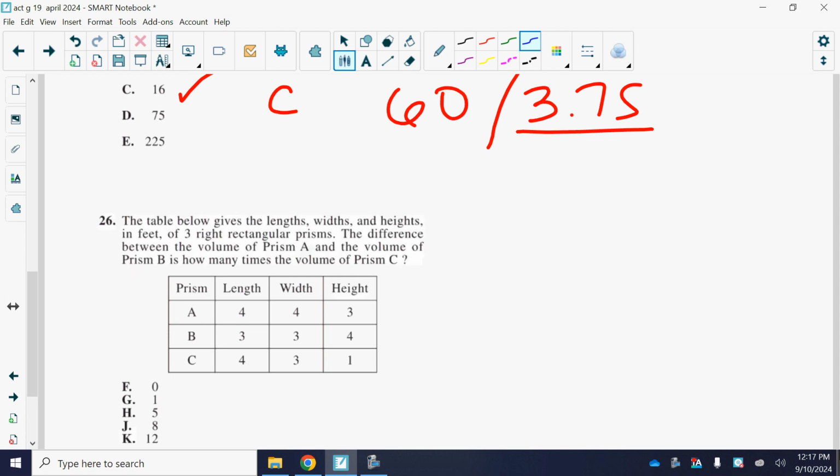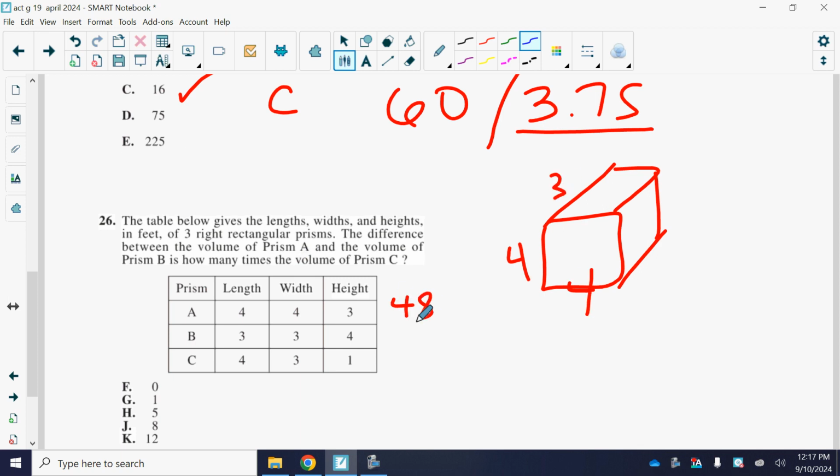Volume of a prism. That's the box program, it's just length times width times height. So A is 48, B is 36, and C is 12.